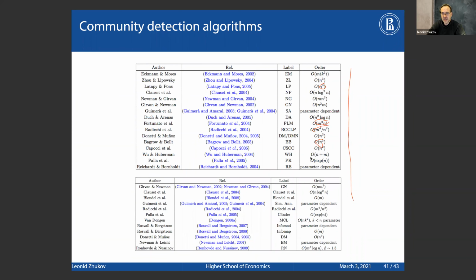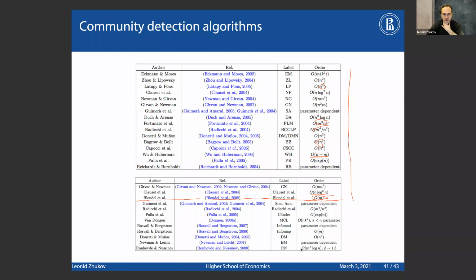But there are some algorithms that are actually pretty good, like n log squared n, and this is the algorithm we actually considered, which is really O of m. The reason is because we only use modularity based on edges, and because we do aggregation, it very quickly drops the complexity.